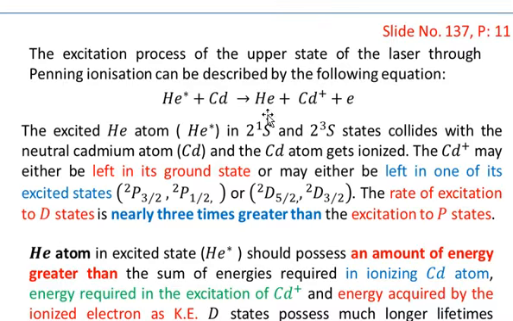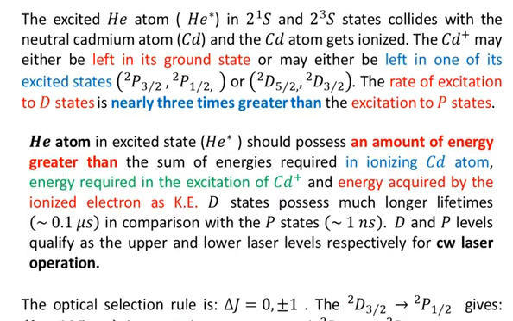So the helium is de-excited, the cadmium is ionized, and it could be raised to the 5s state, the 5p state, or the 5d state, and the probability for the 5d state is the highest. And of course, the emitted electron should also take some energy from the excited helium as its kinetic energy.